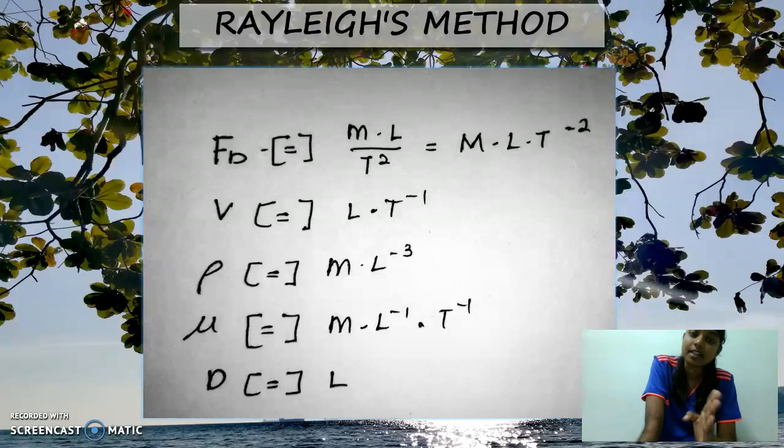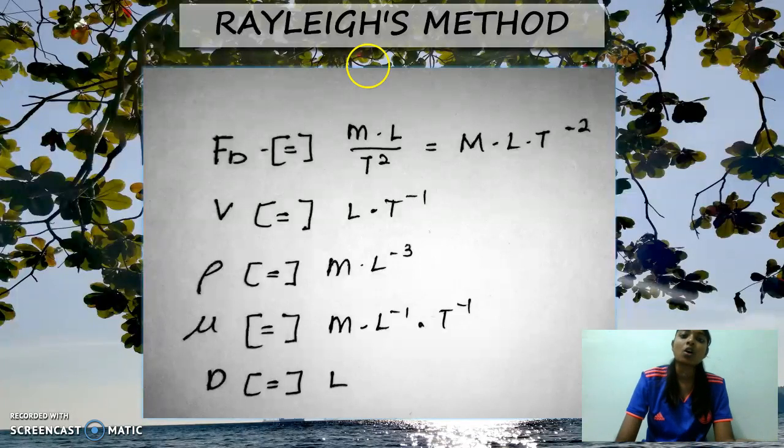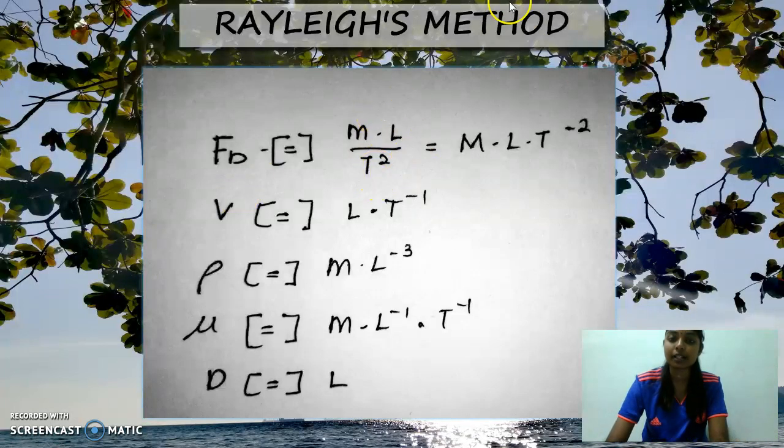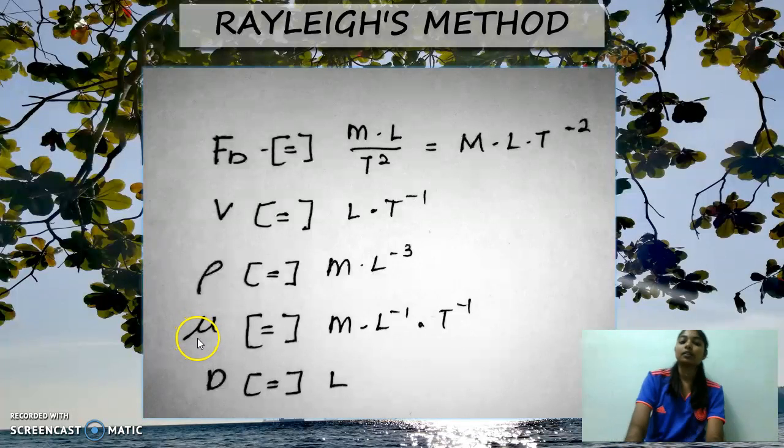For Fd it is m times length over t squared, which we can write as m times length times t negative 2. Next, velocity equals length times t negative 1, density equals m times length negative 3, and mu, viscosity, equals m times length negative 1 times t negative 1.